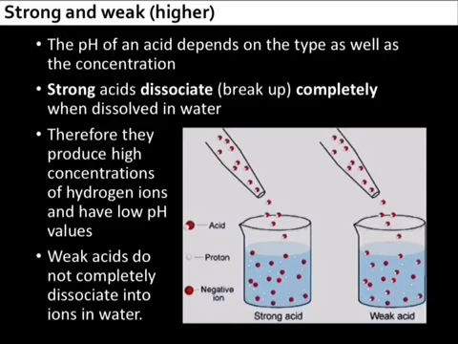We can see this in the diagram where we are adding our acid, which has got the proton, the H+ ion, and the negative ion attached. As we add it as a strong acid into water, we can see that the 2 ions break apart. For our weak acid, there is some dissociation. However, some of the molecules do not break up, and therefore this would be a weak acid.